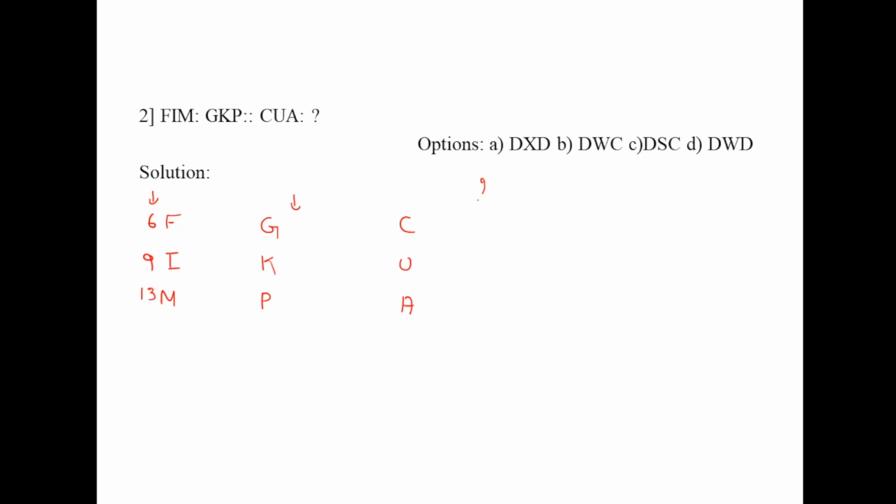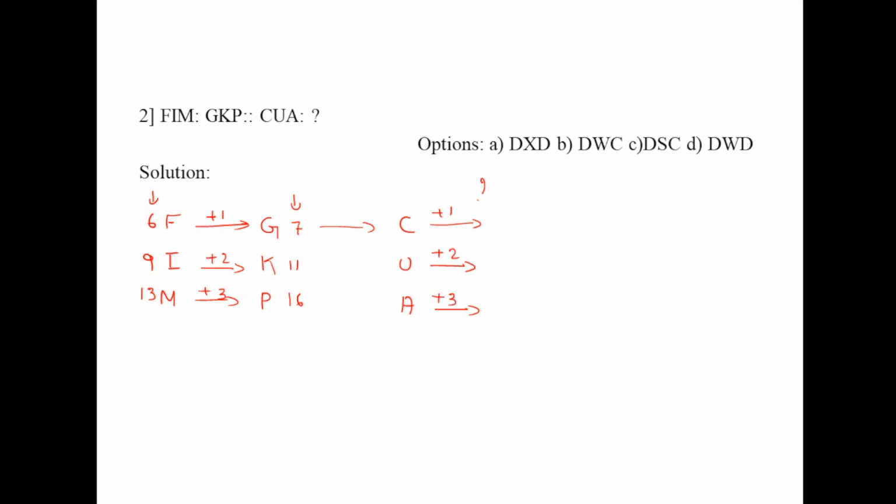On the right side, for G it is 7, K is 11, P is 16, and I identify what the relationship is. So 6 plus 1 is 7, 9 plus 2 is 11, 13 plus 3 is 16. So it is increasing. For the first letters, it's moving like plus 1, plus 2, and plus 3, right? It is the plus 1, plus 2, plus 3 logic.